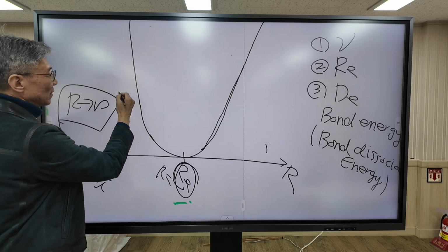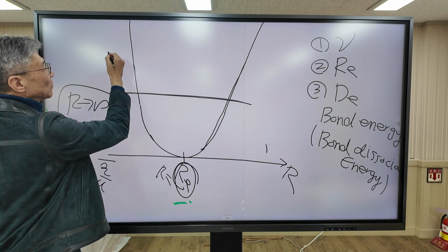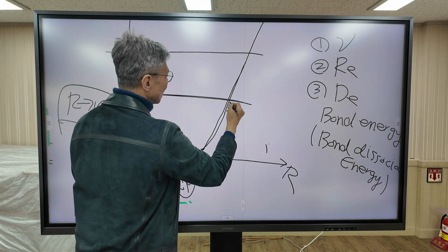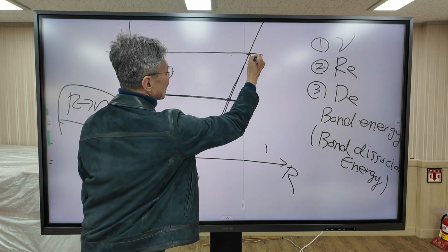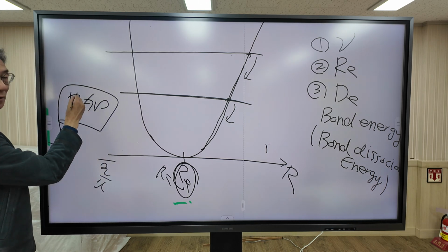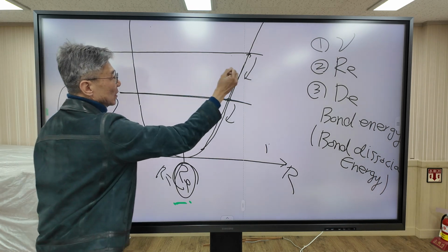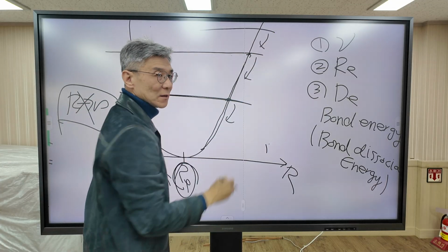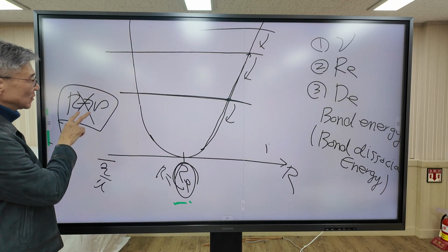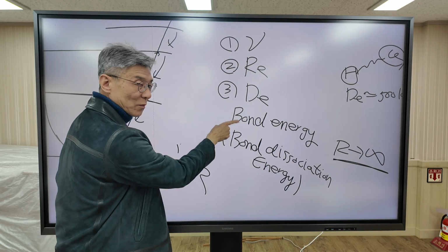So this is the total energy. Even if I provide more energy, it always turns back. So in this model, I cannot go to infinity. Even if I increase the total energy, it always turns back. So with this model, we cannot explain the bond energy.